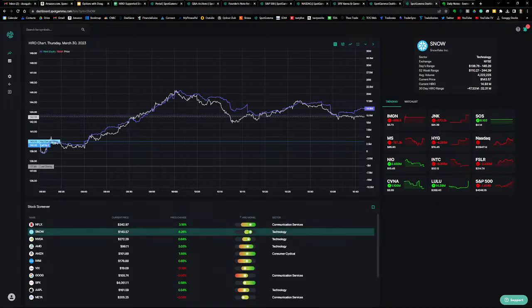This is the hero signal, and what this is showing is the strength of the hero signal compared to the last 30 days and the last 5 days. So it's a little bit easier to see here. Maybe in Snowflake I have that highlighted.